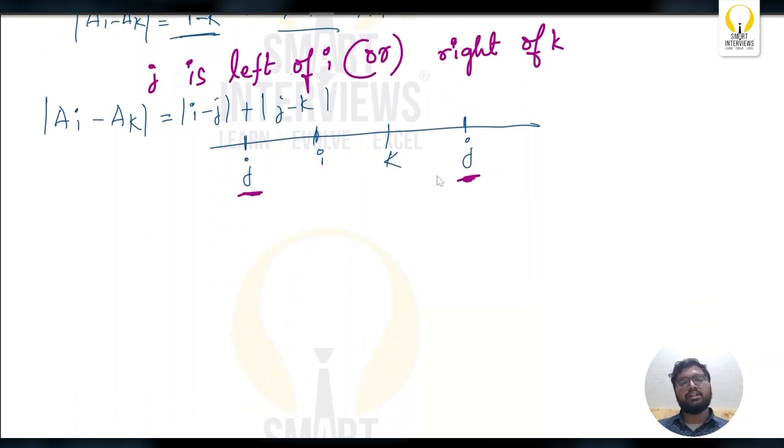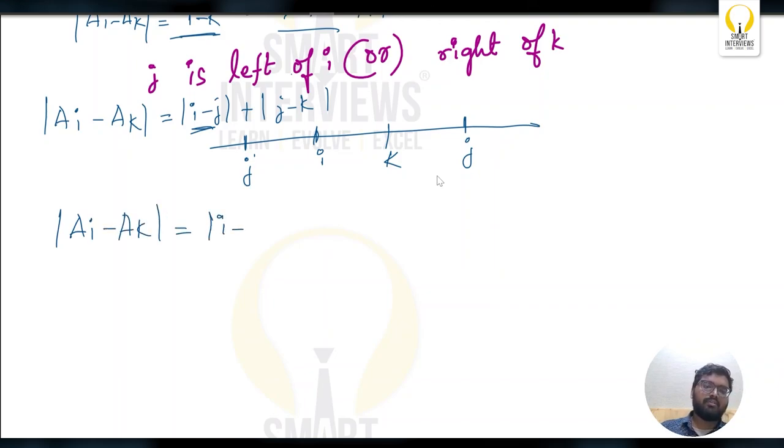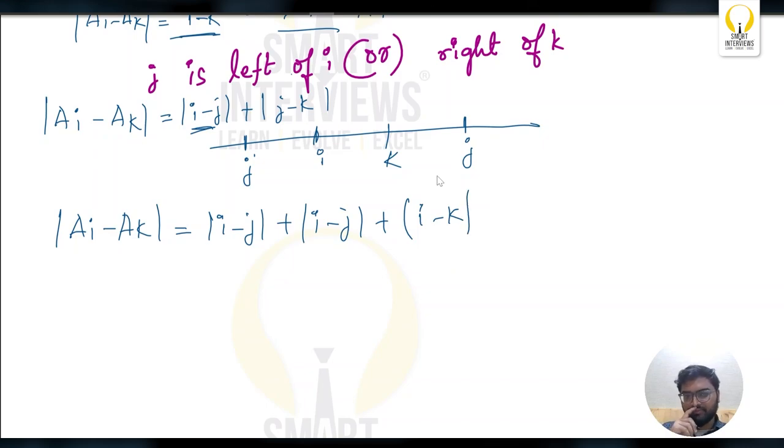So i minus j is already there, so that value remains the same. What will be j minus k? Can you write j minus k in terms of i minus k? If you write like that, it will be the absolute value of i minus j plus the absolute value of i minus k.